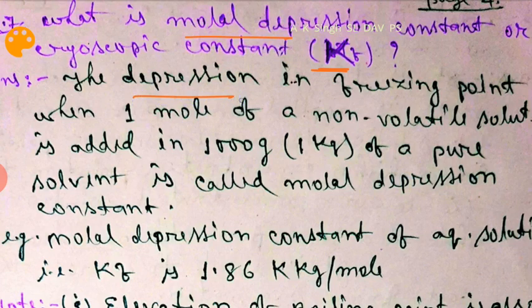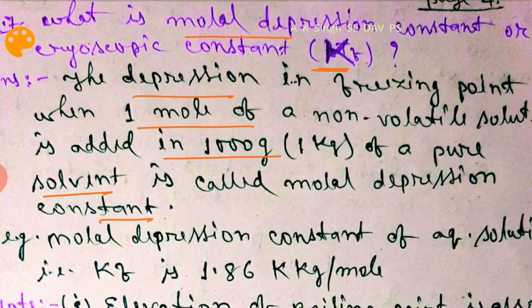The depression in freezing point when 1 mole of a non-volatile solute is added in 1000 gram or 1 kg of a pure solvent is called the molar depression constant, and it is indicated by Kf.